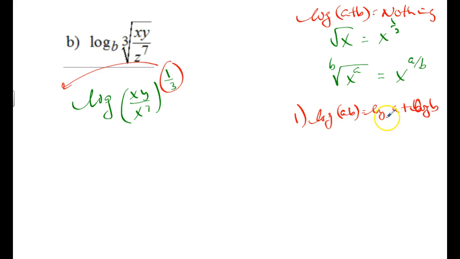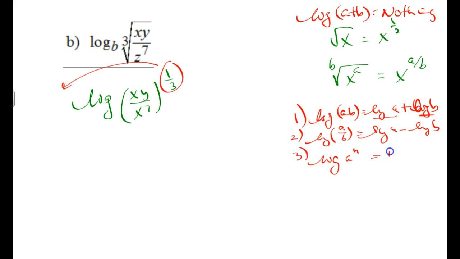So it's the log of AB is equal to the log of A plus the log of B. The second property is the log of the quotient is the log of A minus the log of B. And this is why I keep calling this the third property, because this is the order that I learned them in. The power rule in log A. So 1/3 log of xy over x to the 7th.